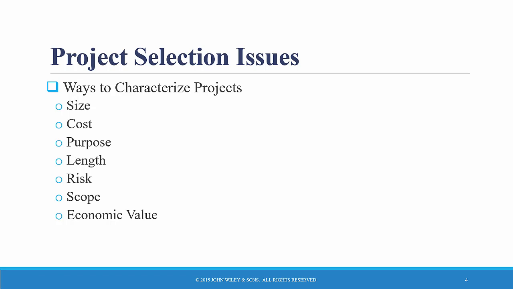Risk. How likely is it that the project will succeed or fail? Scope. How much of the organization is affected by the system? Just a department? A division of the organization? Perhaps the entire organization? And finally, economic value, and this is probably the most difficult feature of a project to realistically assess. How much money does the organization expect to receive in return for the amount the project costs?